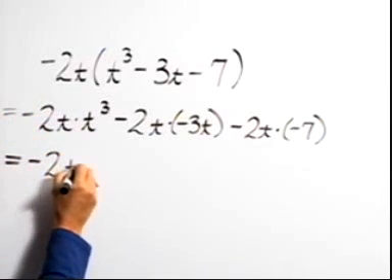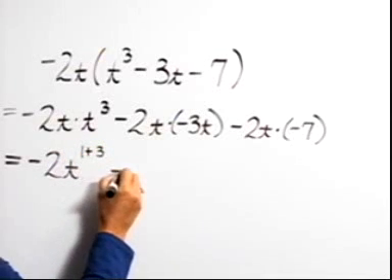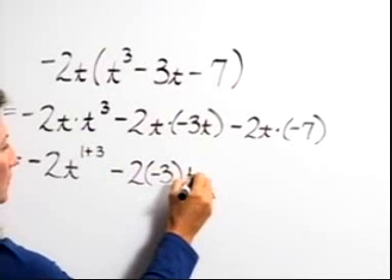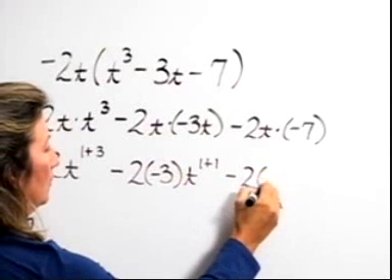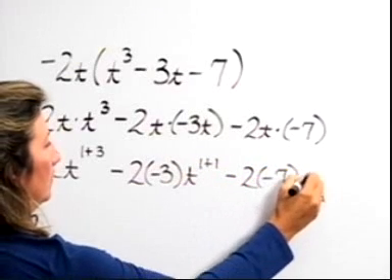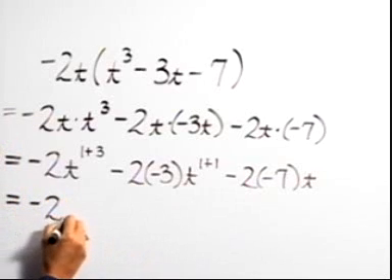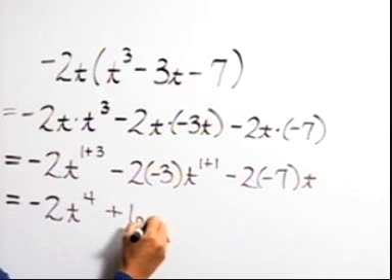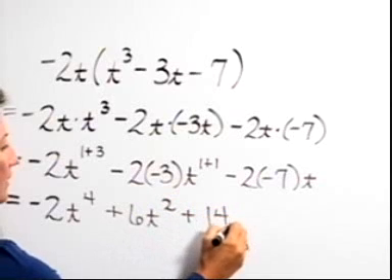Remember, multiply means to add the exponents. Multiply the coefficients. That gives me a negative 2t to the fourth plus 6t to the second plus 14t.